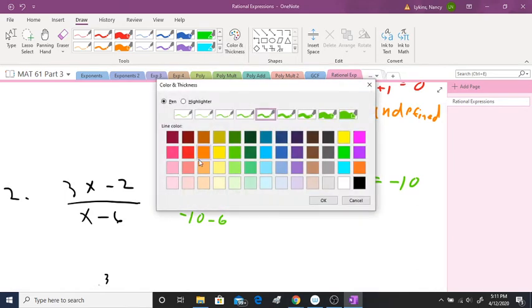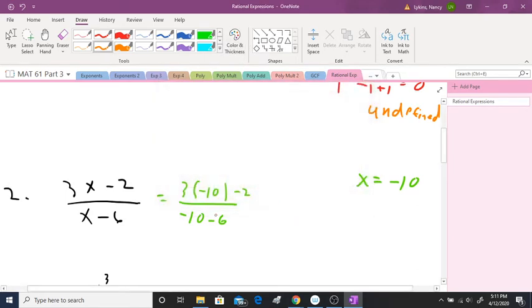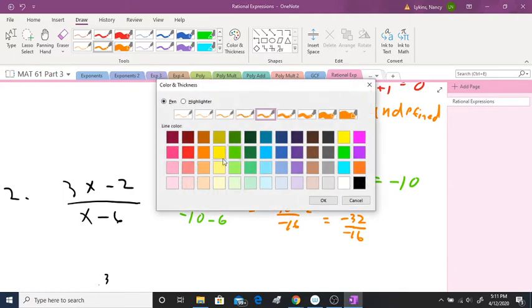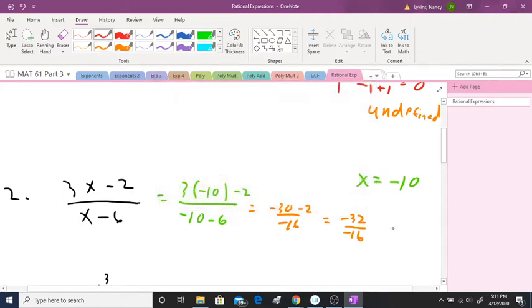So then what we'll do next is I'm going to say 3 times negative 10 equals negative 30, and then minus 2 over negative 16. That gives me negative 32 over negative 16. Pretty much the negatives cancel out, or two negatives make a positive, so 16 goes into 32 2 times. This is my answer.